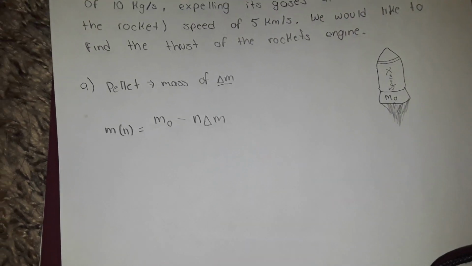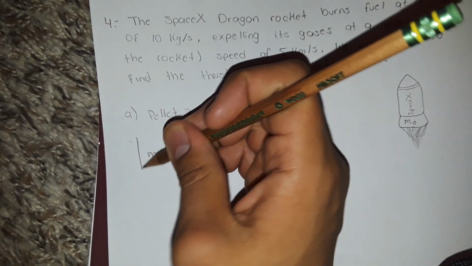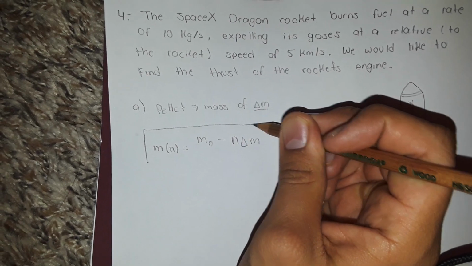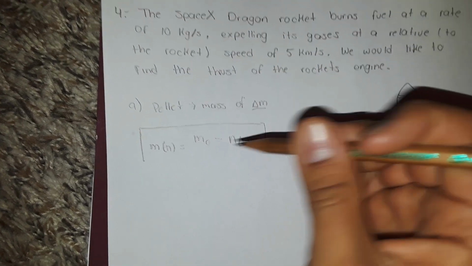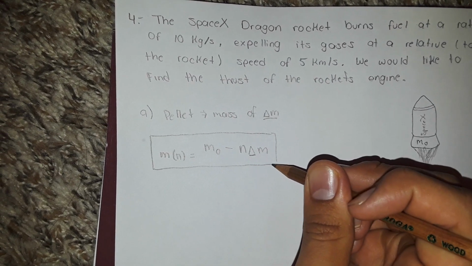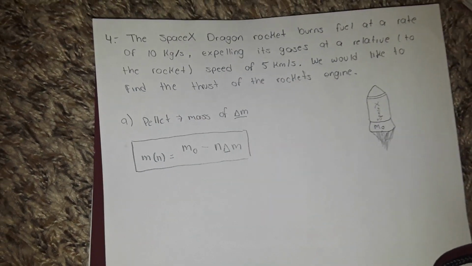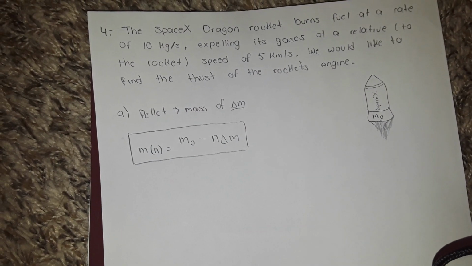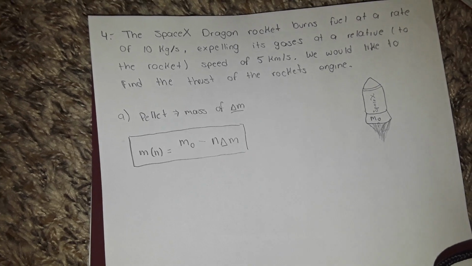Okay, and I think this is the answer to our first question. There might be many other ways to model the mass of the fuel, but right now we're not really given any of those details.